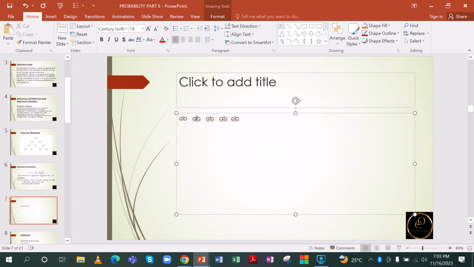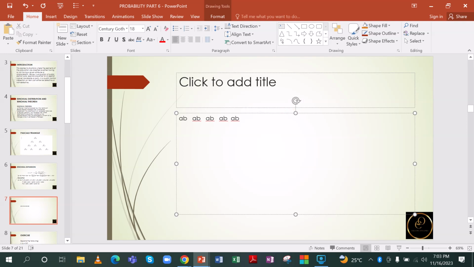Where you have A raised to power 3, B will be raised to power 1. Where you have A raised to power 2, B will also be raised to power 2. Where A is raised to power 1, B will be raised to power 3. Where A is raised to power 0, B will be raised to power 4.